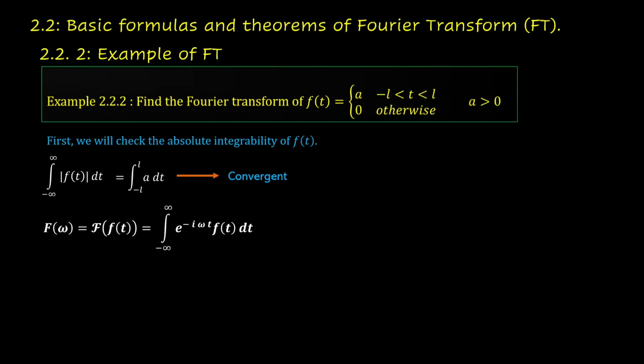Now we will get the Fourier transform of this f(t), which is given by the integral from minus infinity to infinity of e to the power minus i omega t f(t) dt.